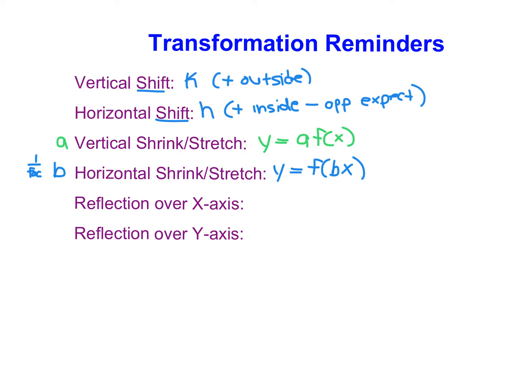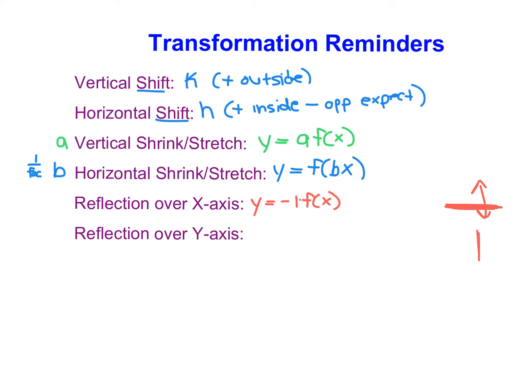Then for a reflection over the x-axis, this also kind of does deal with a and b, but it's just dealing with negative ones here. If you have a reflection over the x-axis, remember that's this horizontal line here, so this is going to be flipping it vertically. That's where you multiply the entire function that you have by -1.